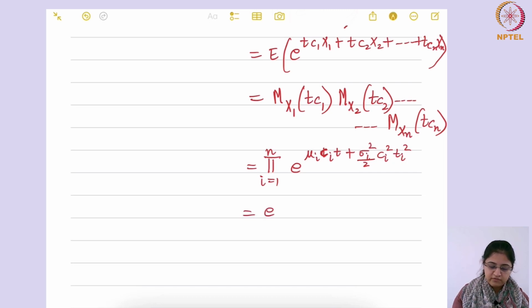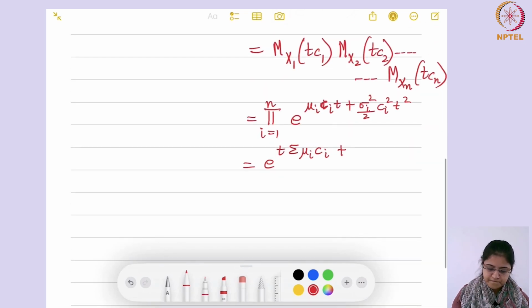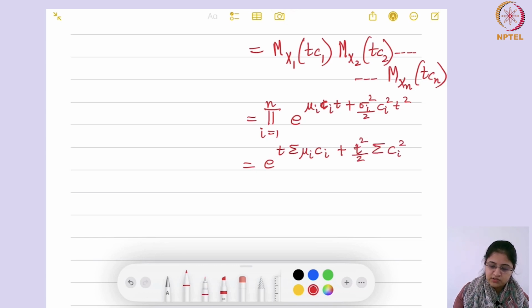So this you can also write as t summation mu i ci plus, for the t square, there is no i over here, so this one would be t square by 2 summation ci square sigma i square. Now if you compare it with the MGF, here i is going from 1 to n, and here also i is going from 1 to n.